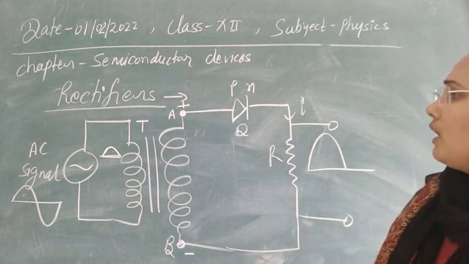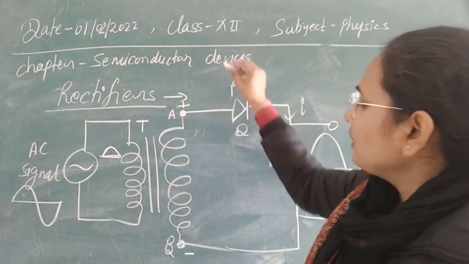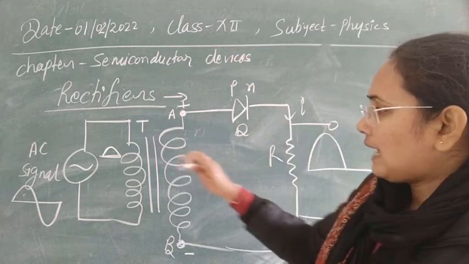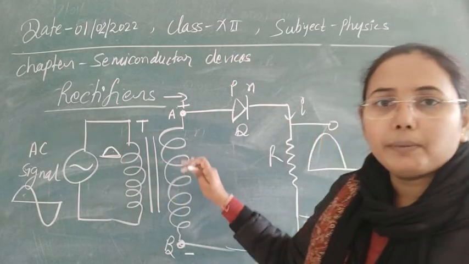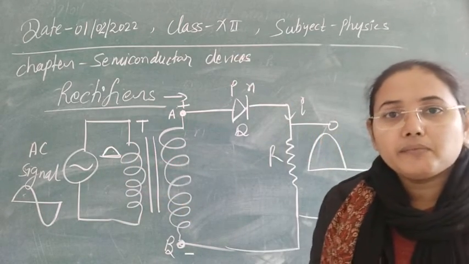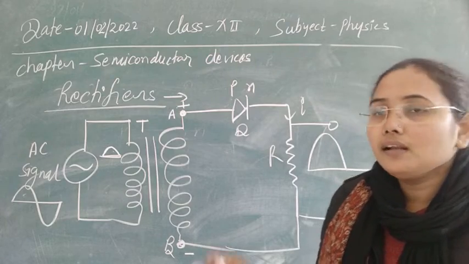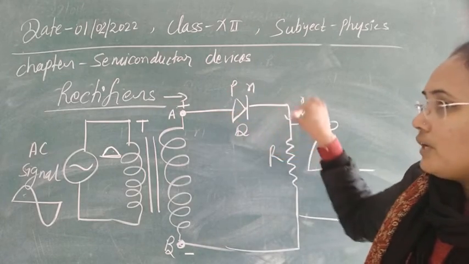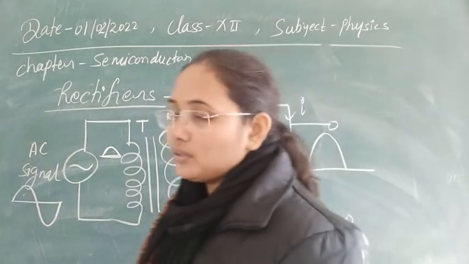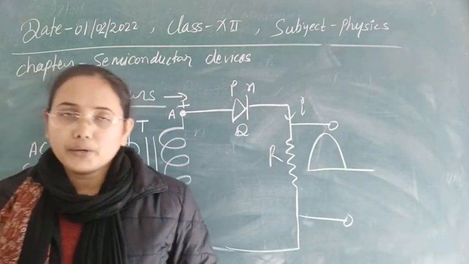One more thing here: everything has its own property, like which kind of transformer we have to use according to the signal. Here the diode D that we have used is an ideal type diode. What is the meaning of an ideal diode?